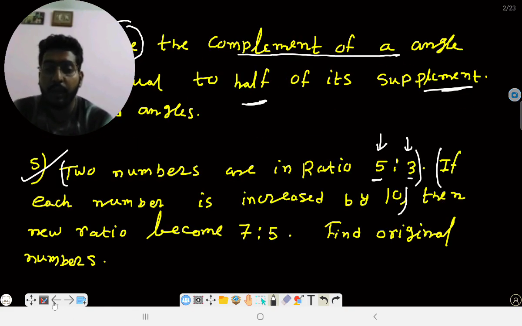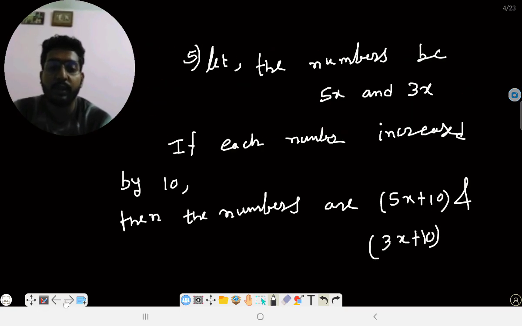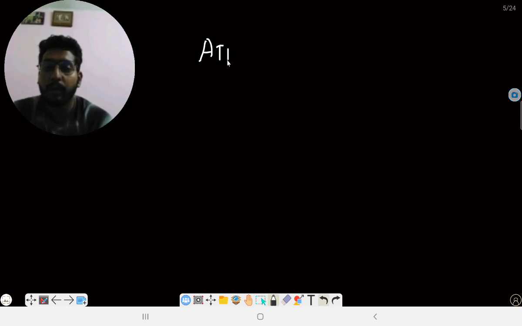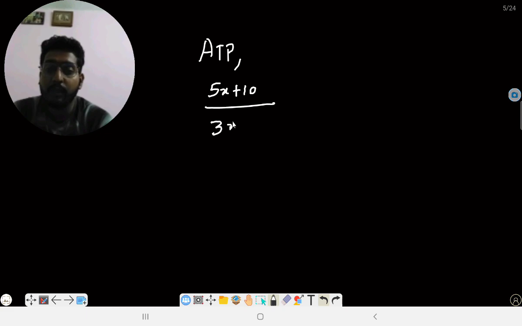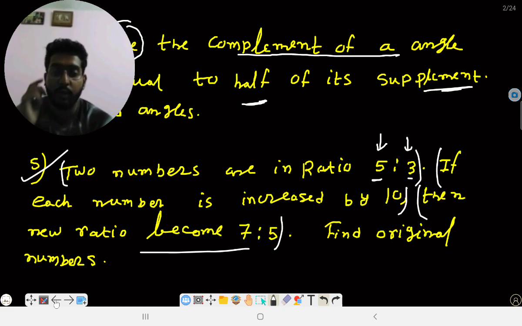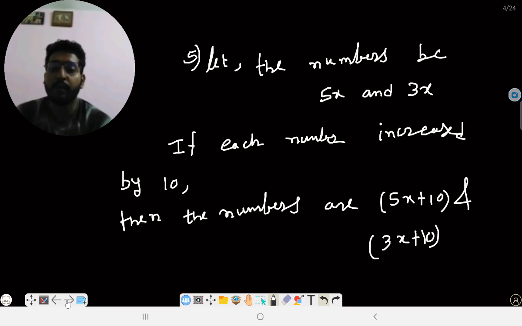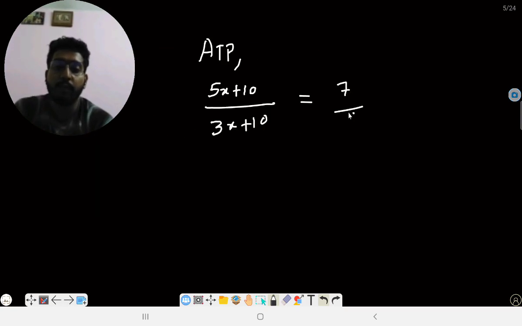Okay, now next, then the ratio becomes 7:5. This is the third step. That means according to the problem, this ratio, 5x plus 10 divided by 3x plus 10 (ratio means division here) is equal to 7:5, that means 7 by 5.